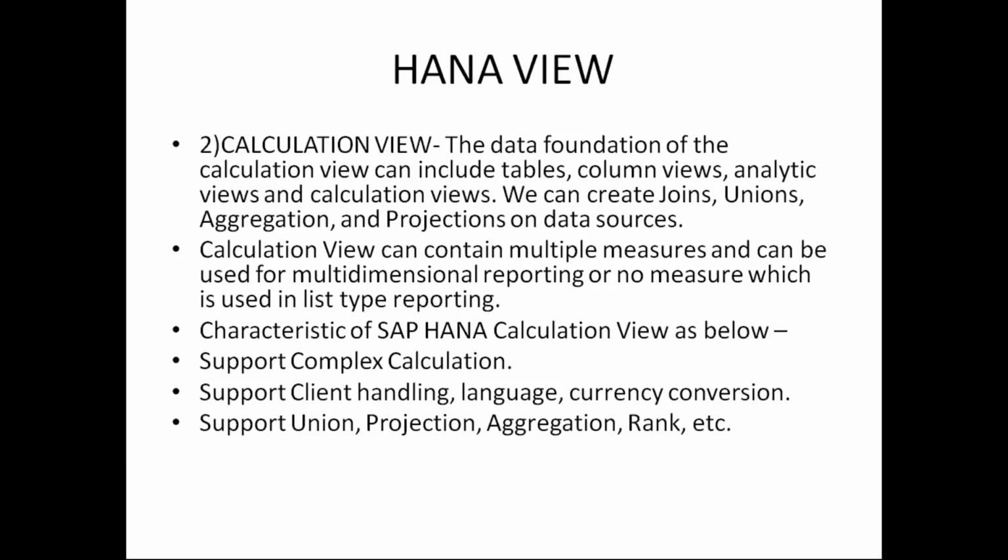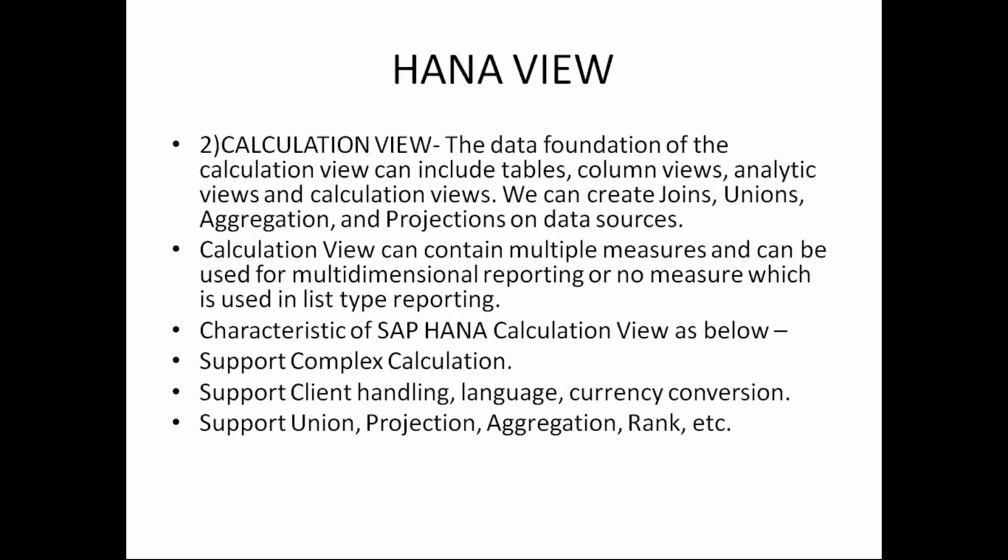Rank is used to create incremental values. A calculation view can contain multiple measures and be used for multi-dimensional reporting, or have no measure and be used in list type reporting.